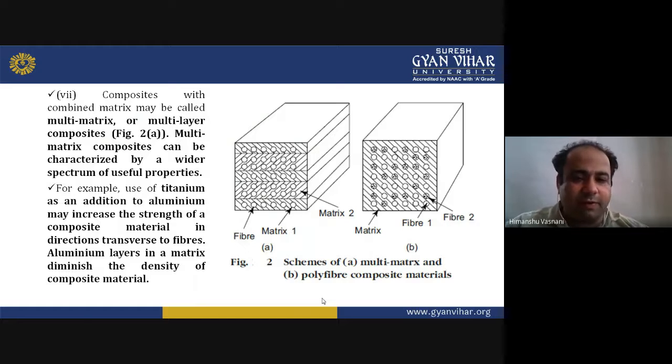And titanium obviously is very high. So titanium as an addition to aluminium may increase the strength of composite material in directions transverse to fibers. Aluminum layers in the matrix diminish the density of composite materials.